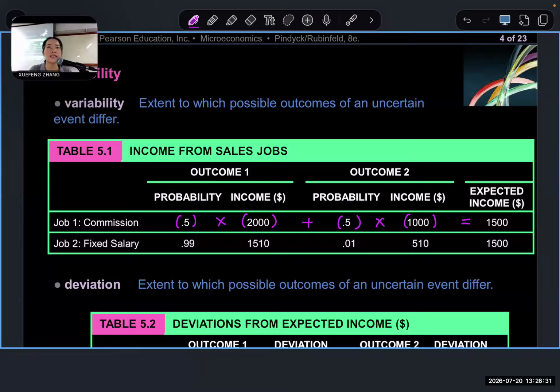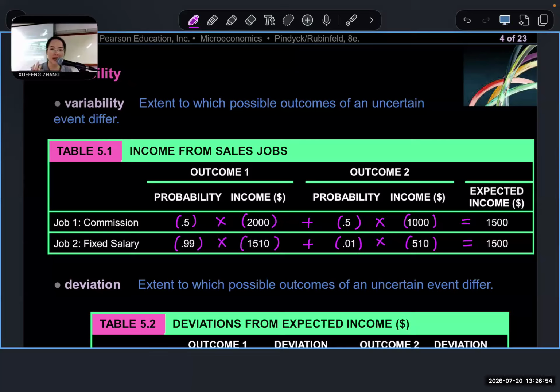1,500, right? Can you use your mobile phone to calculate? Make sure, is it true? Same logic. You use the probability times the outcome 1 plus probability 2 times the outcome 2. Can you help me check? Do they have the same expected value?